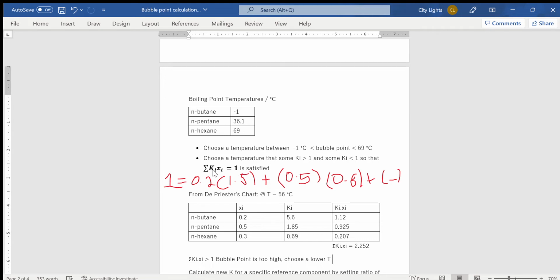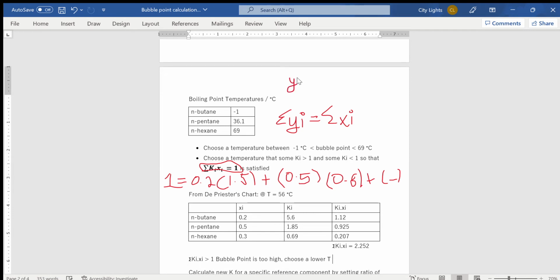Why should they equal 1? I actually explained this in my last video, and they should equal 1 because all vapor mole fractions and all liquid mole fractions in a mixture sum to the same total. So this equals this. But we need a certain relationship between the vapor and liquid mole fractions.